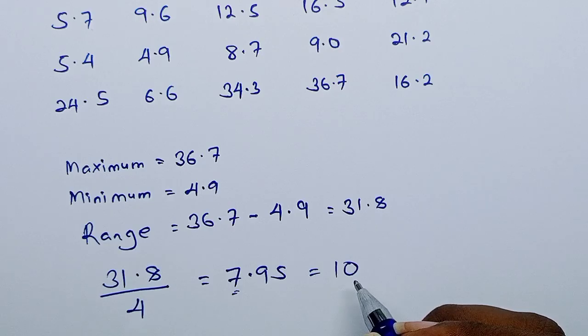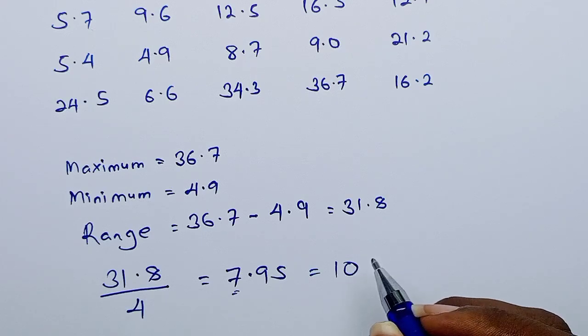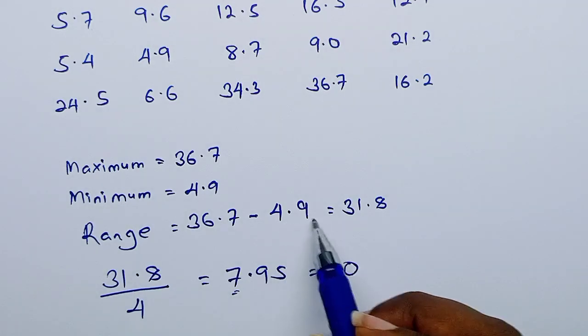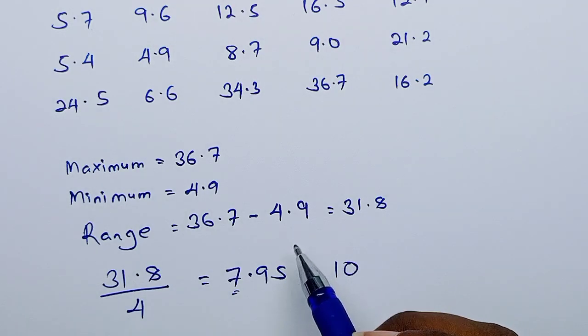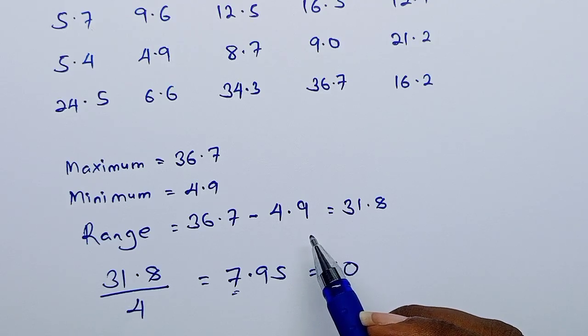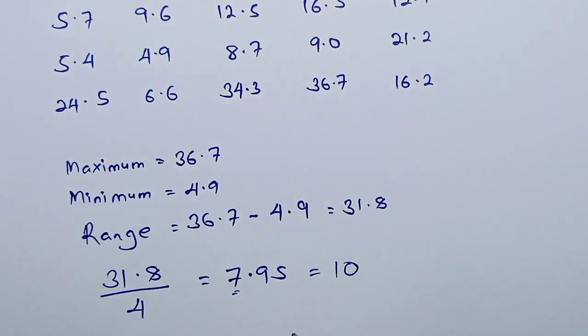Next we need to decide the first value in our first group. We need to choose a value that is less than or equal to the minimum value in our data set, which is 4.9, as our first value in the first group. First, we're going to put our values in a range.